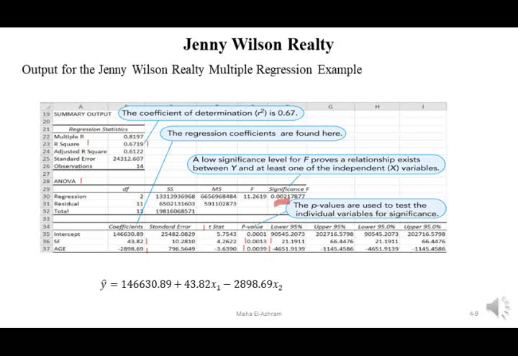The second way to assess our model is to look at the value of R squared, or the coefficient of determination. In multiple regression, R squared gives me the percentage of changes in the dependent variable that are explained by the model.